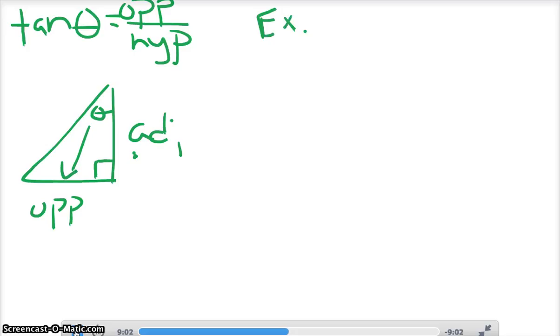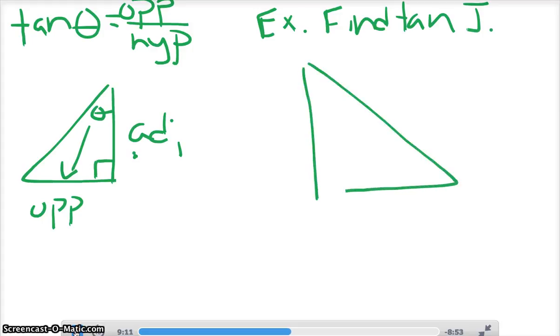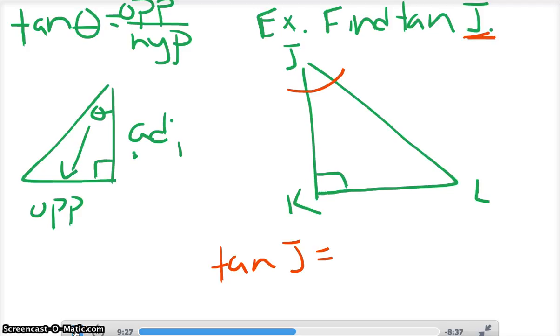Example. Again, J is my angle, so you start from angle J. For tan J, I need to go to my opposite, which would be KL.